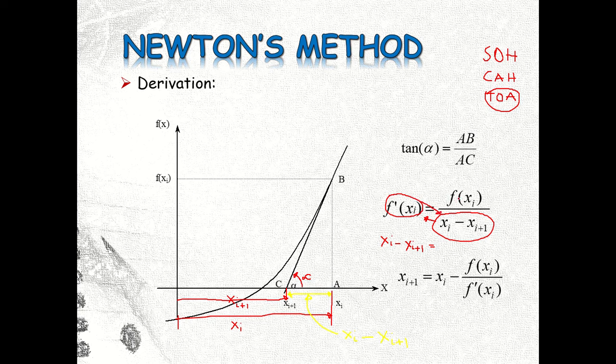So our numerator will be f of x sub i divided by f prime of x sub i.